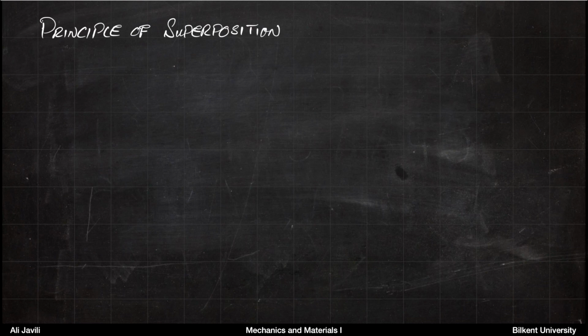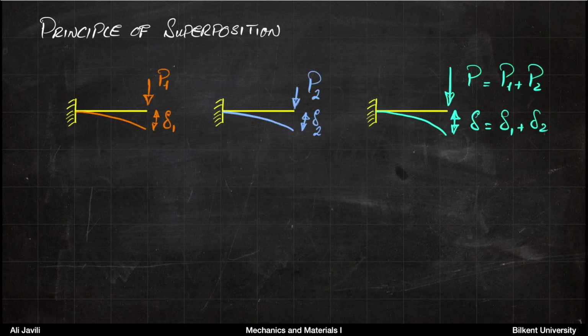So the next topic we would like to talk about is the principle of superposition. I try to explain the principle of superposition by an example, essentially. So if you think you have a beam here and you apply a force P1 on that beam, and that force will cause a displacement at the end of the beam, let's call it delta 1.